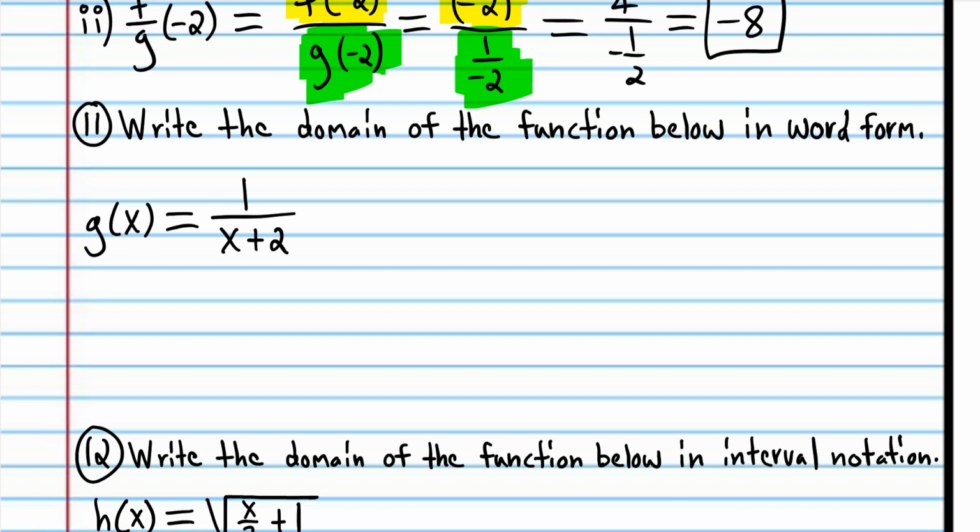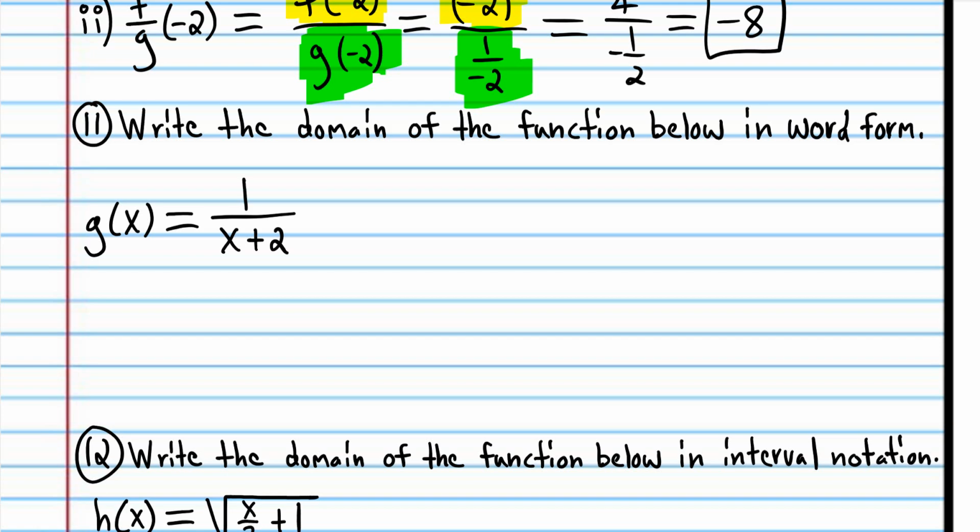If you plug in a number that gives you 0 in the denominator of a fraction, that means that 1 over 0 is undefined. So if you plug in that x value, it won't give you a y value. Or if you think about it in terms of inputs and outputs, if you put that input into your function, it won't produce an output.